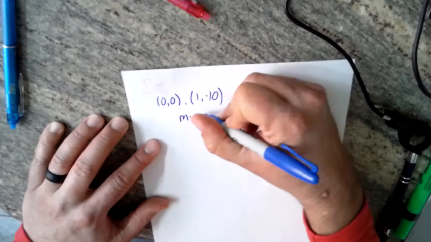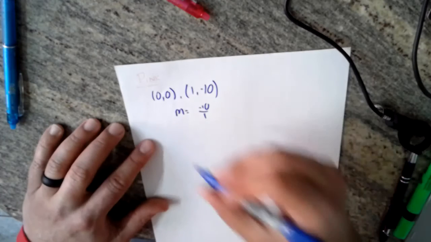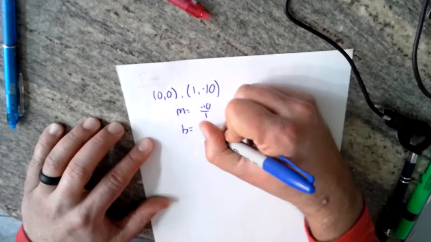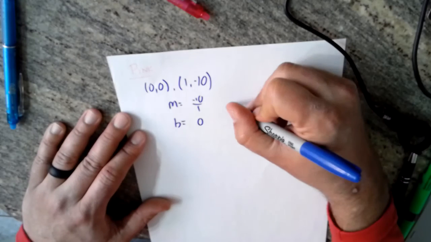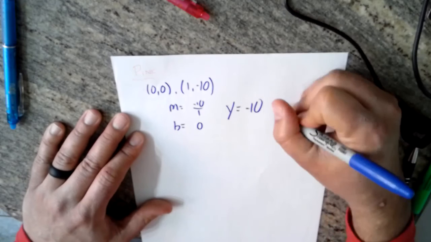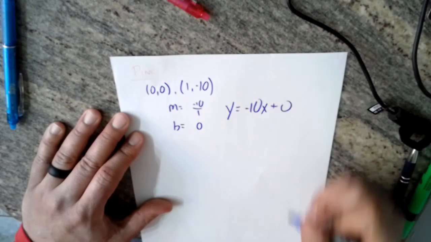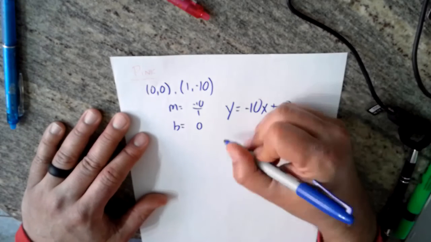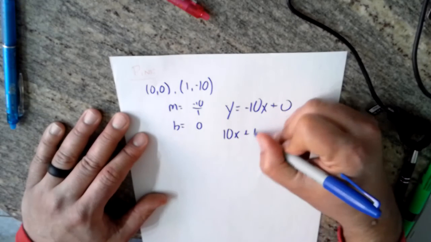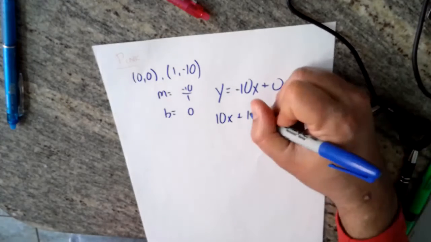M is negative 10 over 1. Okay, and we actually know our b is 0. So the equation of the pink line is y equals negative 10x plus 0. Or you can write that as 10x plus 1y equals 0. I think that's how they prefer to write it.